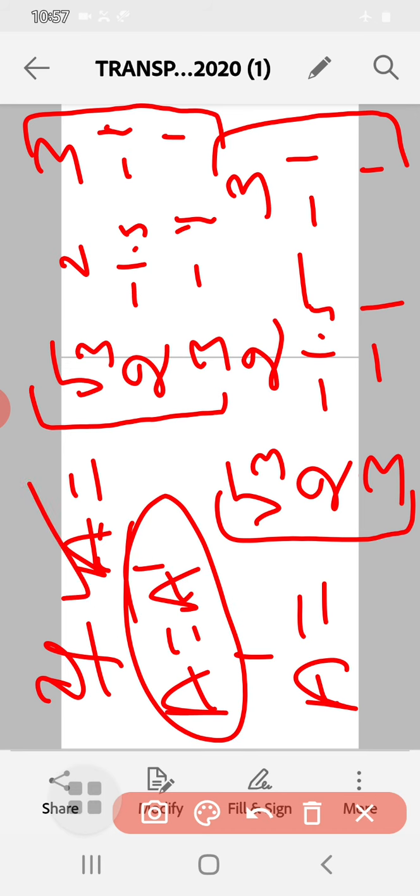Therefore, this is also a symmetric matrix. So the matrix should be equal to its transpose. Such a matrix is called a symmetric matrix. In this way you can take your own examples and verify whether they are symmetric or not.